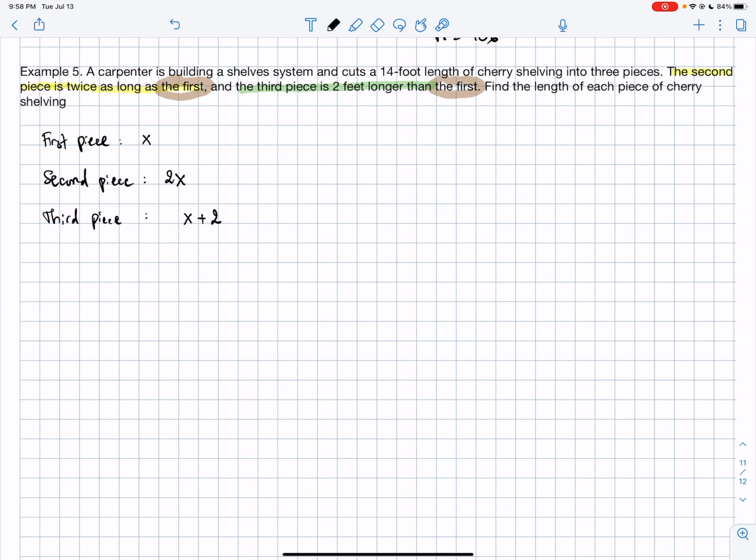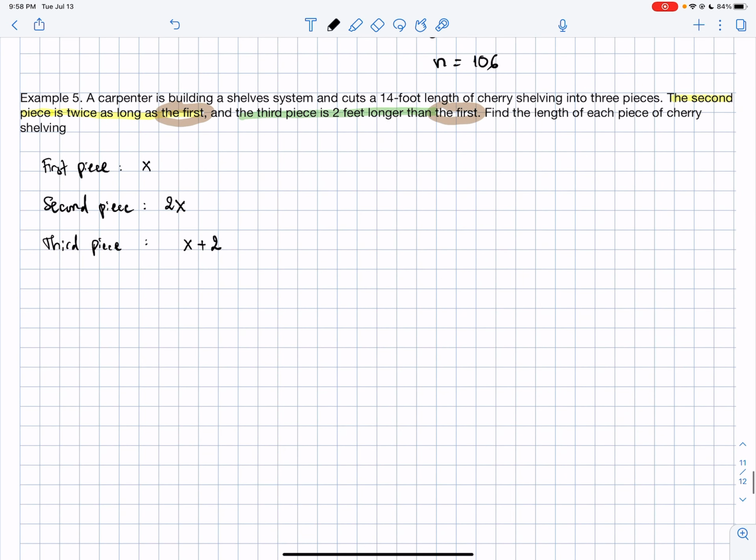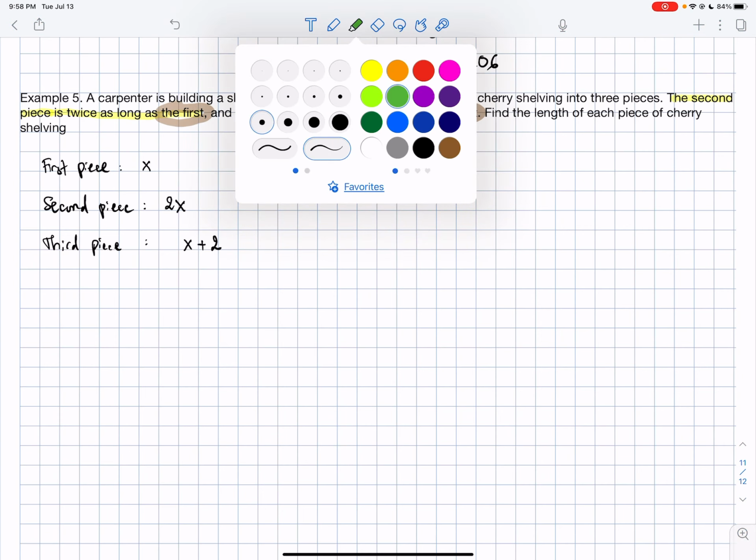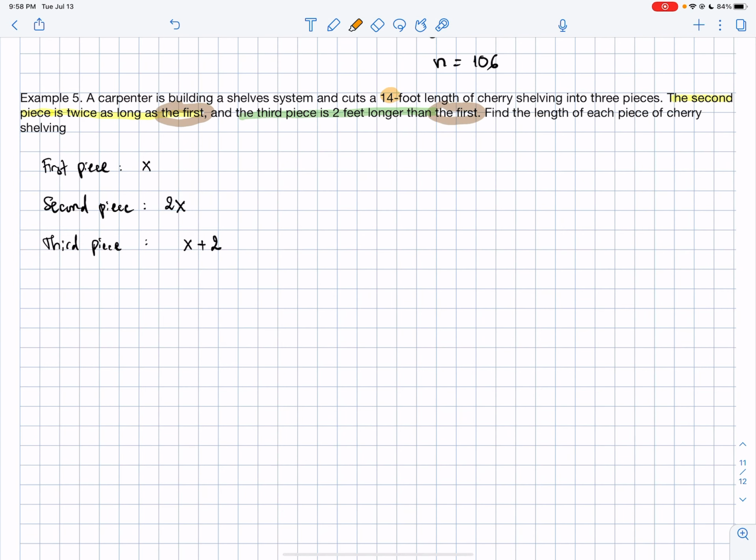There's one number in the problem that we did not use, and that number is 14. A carpenter cuts a 14-foot length, so the length of the cherry shelving is 14 feet.